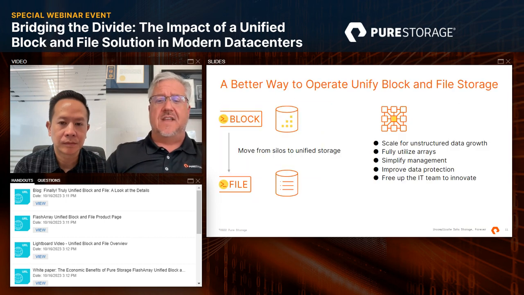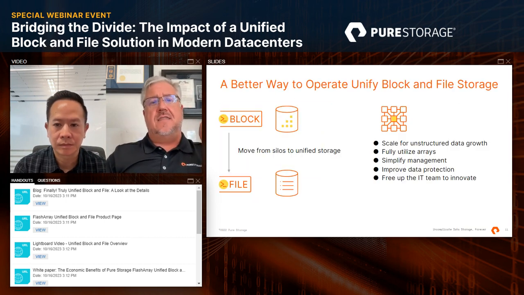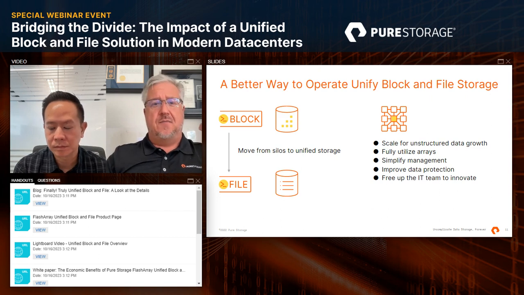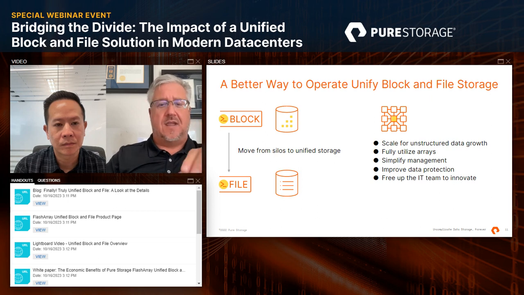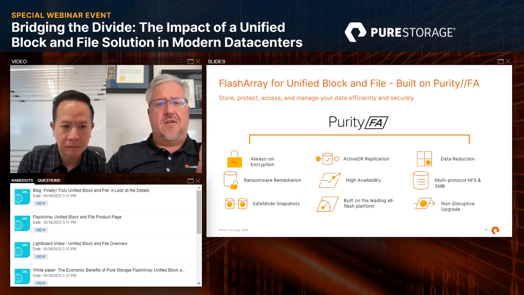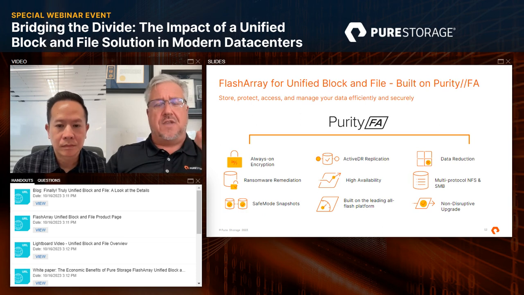One of the things that I mentioned was the advantage that we gain by having these services operate in a unified way, which allows them to take full advantage of some of the efficiencies that we gain out of Purity. Right here is a great example of what you can expect.